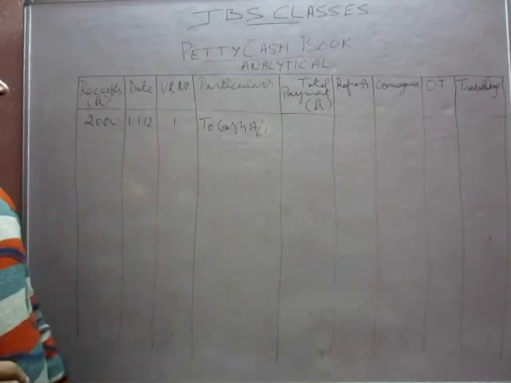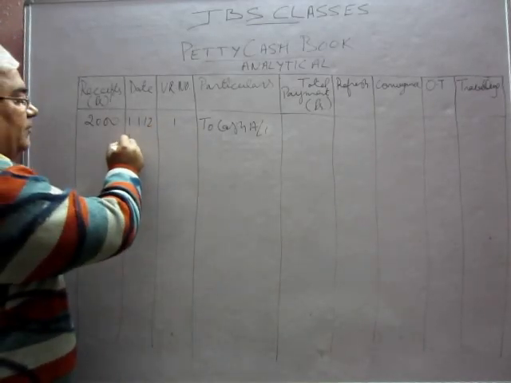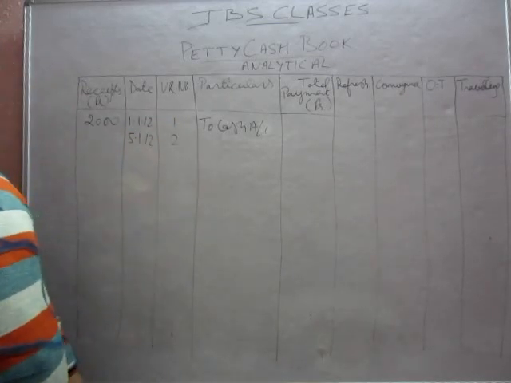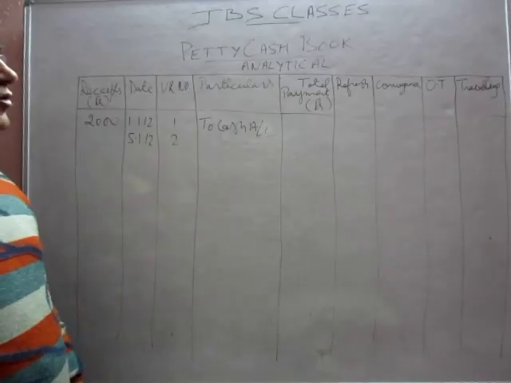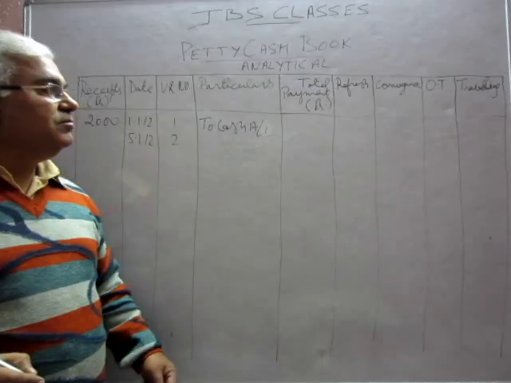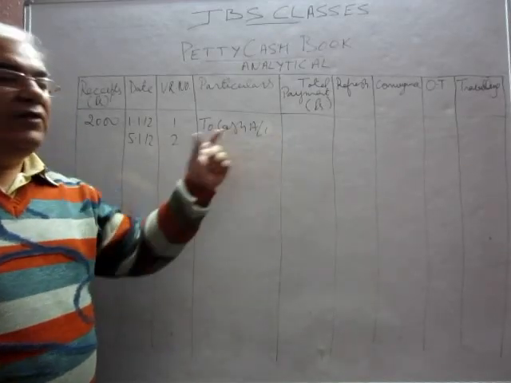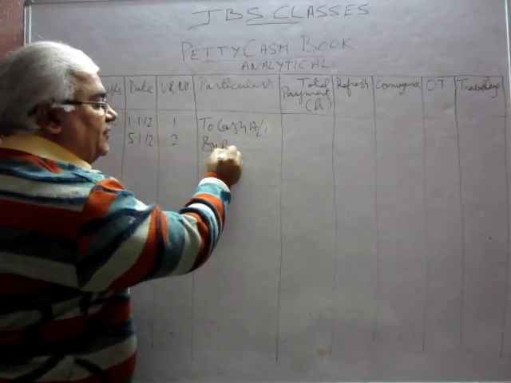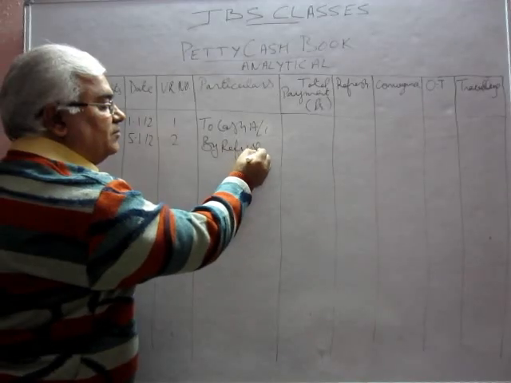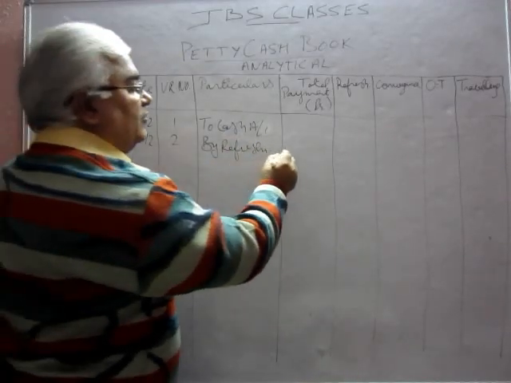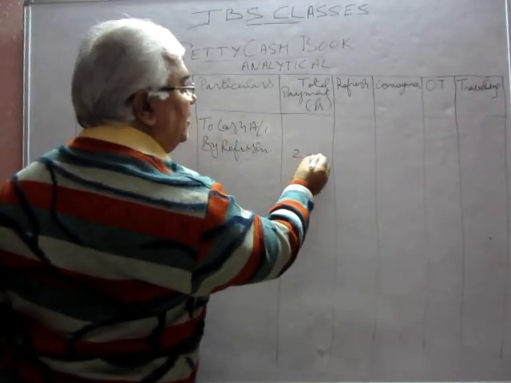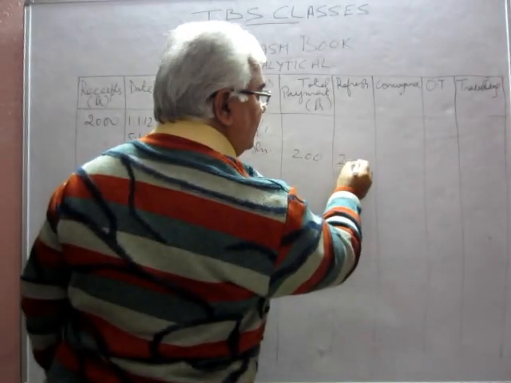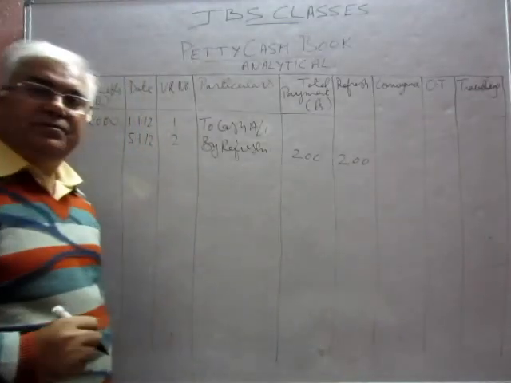Now out of this, say on 5th, you pay 200 rupees for refreshments. So the entry actually should be refreshments to petty cash. Here you will enter like this: by refreshments. You will put 200 rupees in the total payment column as well, and also in the refreshment column.